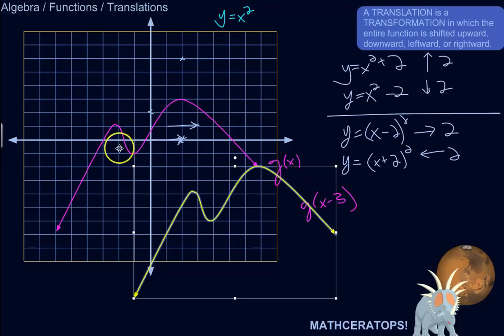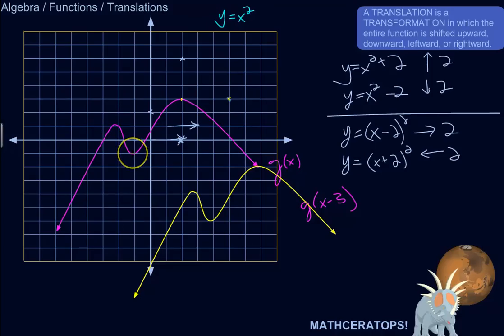Now, of course, if you're doing this by hand, you could just take a few points and then plot a new point. So I'll just do that. Take a point that's easy to see where it is, and then move its x-coordinate over by 3. 1, 2, 3. So that little peak thing is going to be over here now.